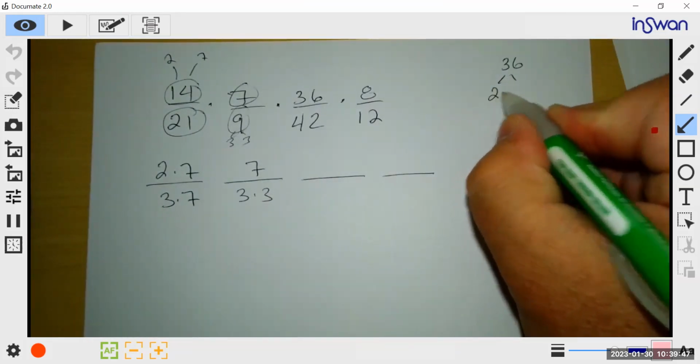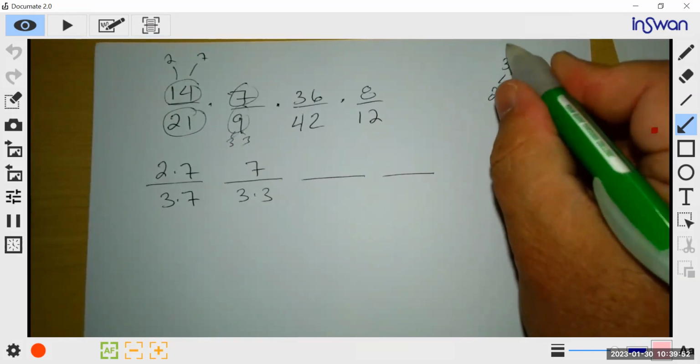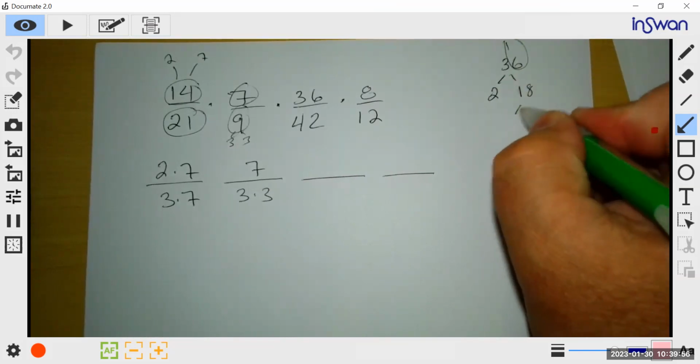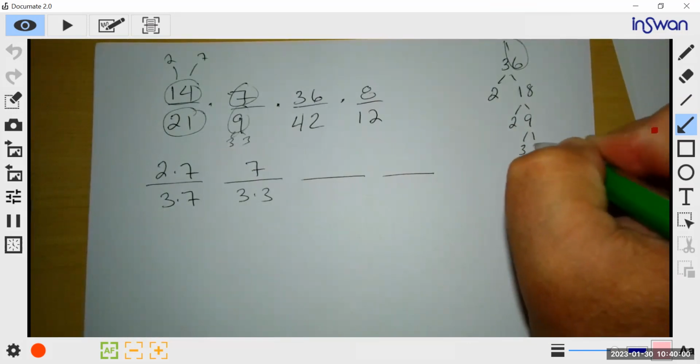36 is made up of 2 goes into 3 once with 1 left over. 2 goes into 16 8 times. 2 times 9, 3 times 3.